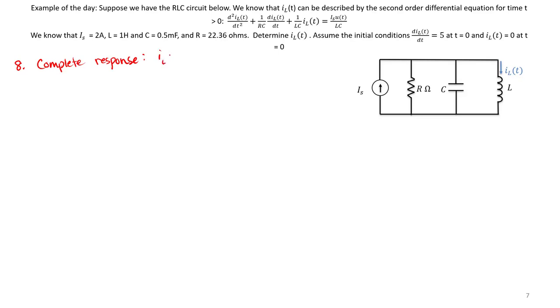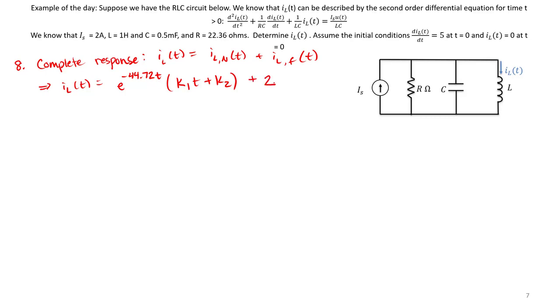Our complete response for iL of t is going to be equal to our natural response plus our forced response. So if we sum those two together, we determine that our complete response is e to the minus 44.72t times k1 t plus k2, plus our forced response, which was just 2.